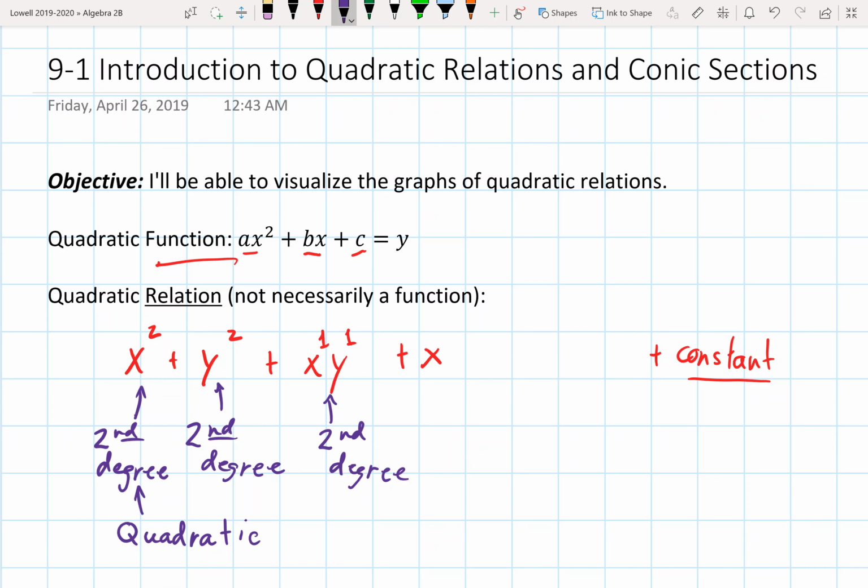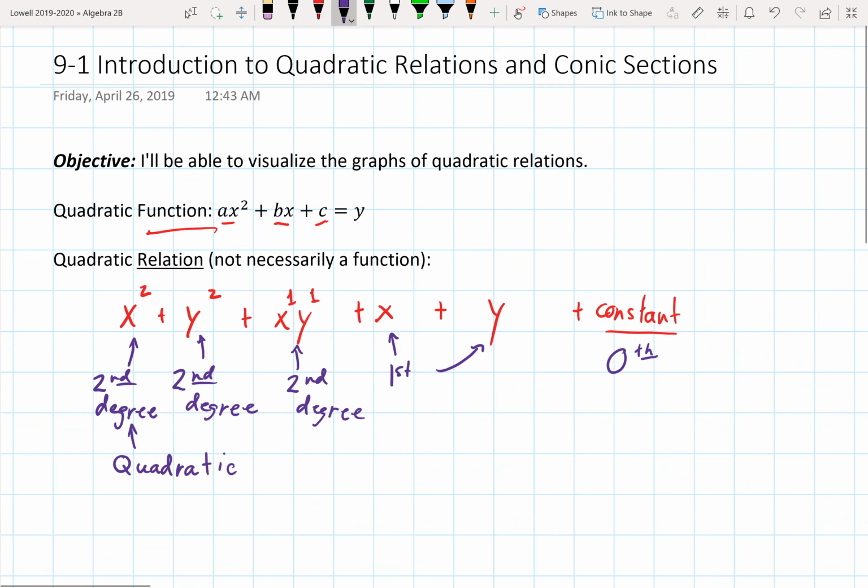So just like there's x squared, there could be a y squared, there could be 1x and 1y, and then there could be just 1x, which would be a first degree. Oops. Let's use purple there. This would be first. There could just be some y term as well. And then there's a constant again. So these are our first, and then this constant would be 0th degree. And then that would equal something.